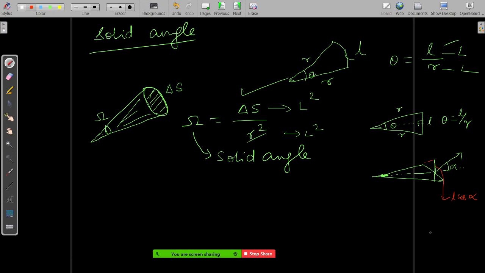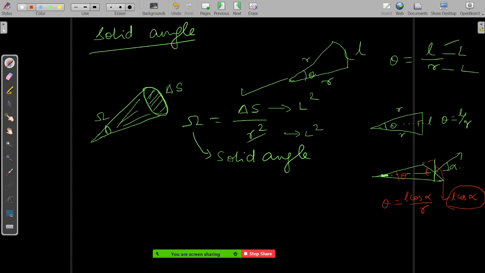Understood? So this L will be somewhat lesser than the initial L. If we want to find this angle theta, we cannot write theta is equal to L by R. What we have to write in this case is L cos alpha by R.